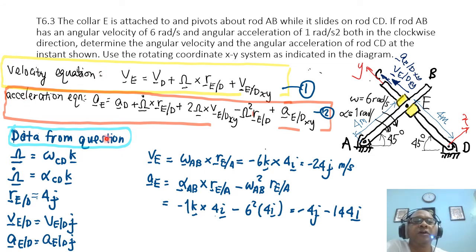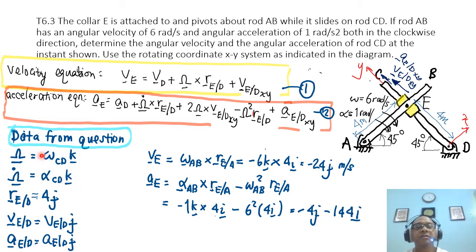So from the data from the question, omega, do we know what omega is? We don't know what omega is. So we can assume that omega equals omega CD K. So we don't know the angular velocity of rod CD. What is omega dot? We also do not know. So we just replace that with alpha CD K. Okay.